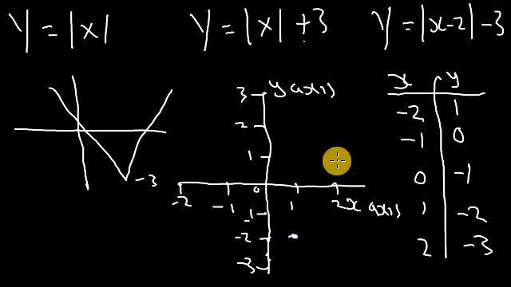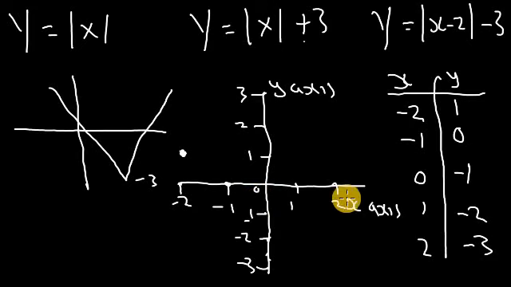Okay, that was a mistake, my bad. This is x equals minus 2 and y is 1, somewhere around there. When x is minus 1, y is 0, so that will be somewhere around here. Let me use a different color.